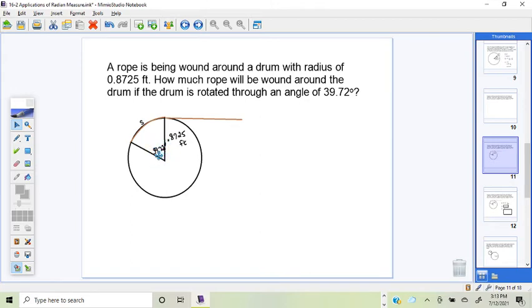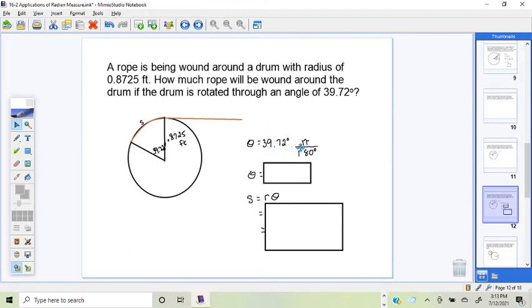But anyway, we have 39.72 degrees. It's in degrees, so we are going to have to change that over to radians. We're saying that we have a 0.8725 foot radius, so less than a foot, and we want to find our arc length. So we multiply times pi over 180, and since we're in decimals, we would just take 39.72 times pi, divide by 180, and we get about 0.6932. So this is how many radians.